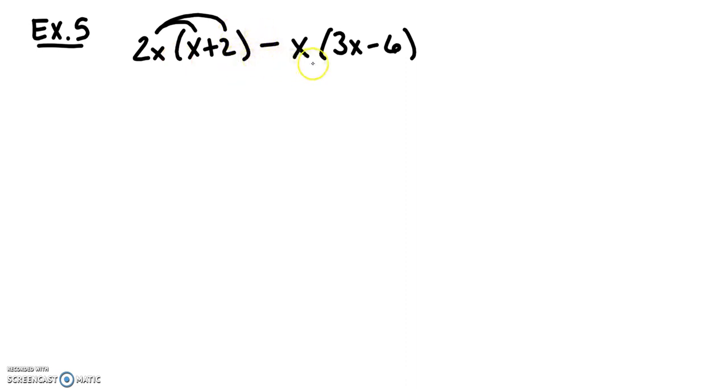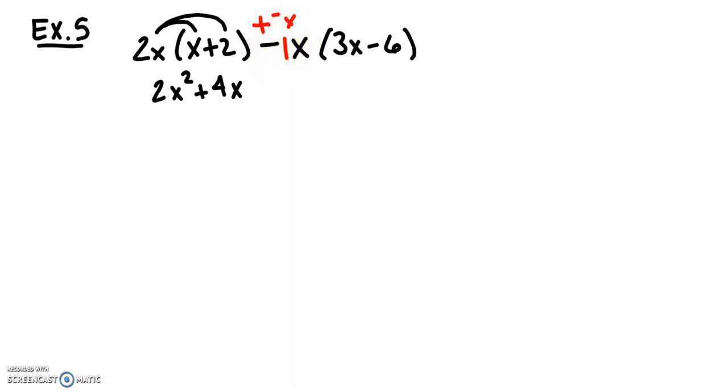This here from the minus sign and the negative on, that's a separate problem that we'll have to distribute. So here I have 2x times x, 2x squared, and then I have 2x times 2 plus 4x.